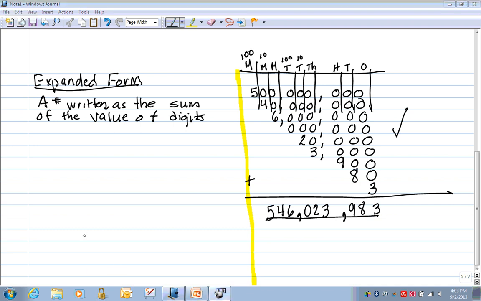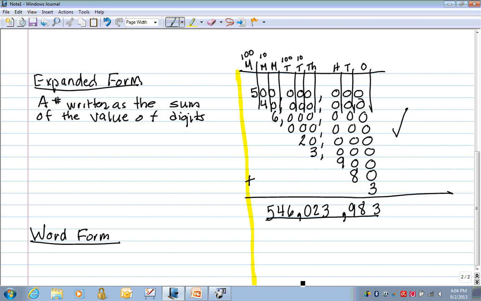Now, if I wanted to take the same number and write it in word form, so over to the left of my 2-column notes, we're going to write the same number in word form. And remember, word form is using words to write the number.